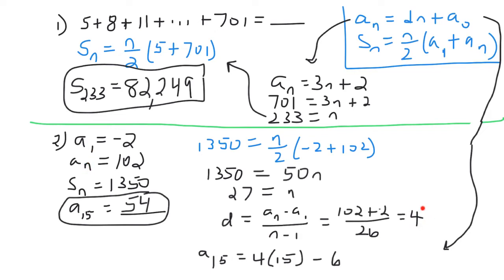So my common difference, my slope, is 4. And now I can use my explicit equation with my common difference and my n value that I'm desired for finding here, 15, plus my theoretical term 0, which would be 4 back from our first term because I am going up higher and higher, so go back from there. And I can figure out what term 15 is equal to. So I'm using these two equations together to answer questions where there's just not quite enough information given.